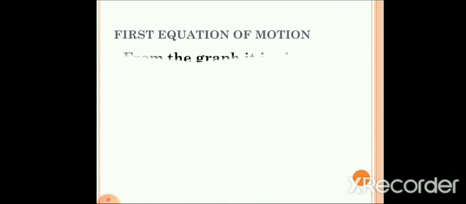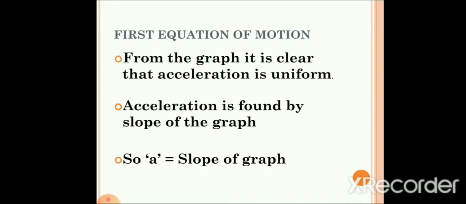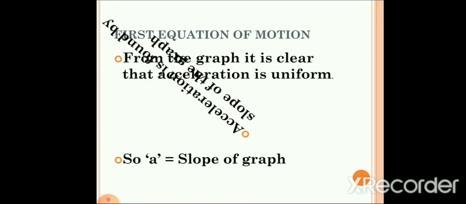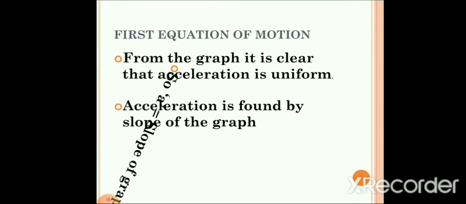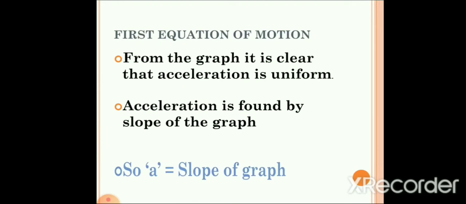So from the graph we are going to derive the first equation of motion. From the graph it is clear that the acceleration is uniform, and acceleration can be found by the slope of the graph. So let's see the derivation.